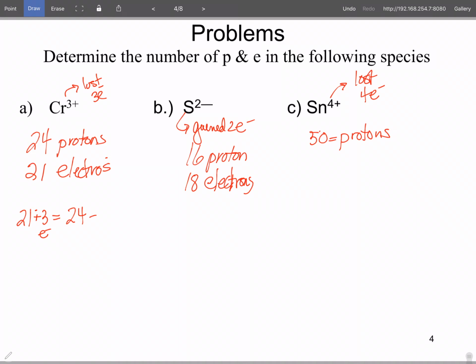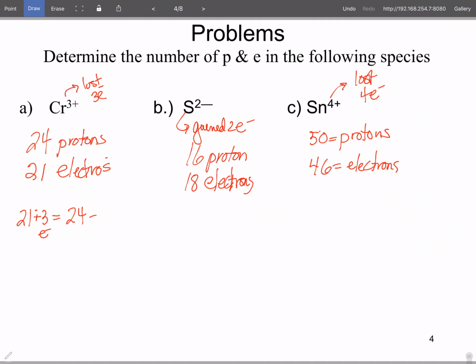There's one chapter later on that we may or may not get to in 1212, but we're going to look at electrons because that's what goes on in chemical reactions. So we lost 4. We should have started with 50, so we're going to go to 46 electrons. So with the ions, we figure out how many electrons we've either lost or gained.